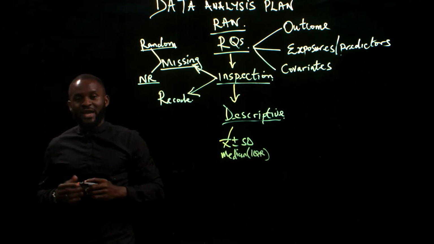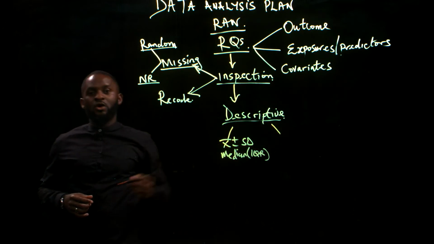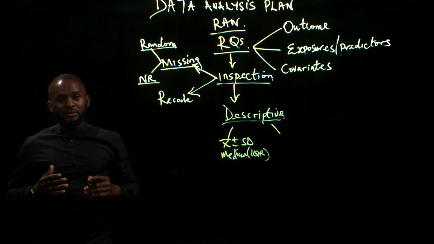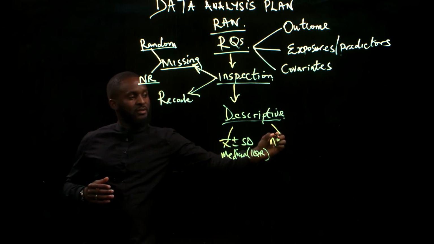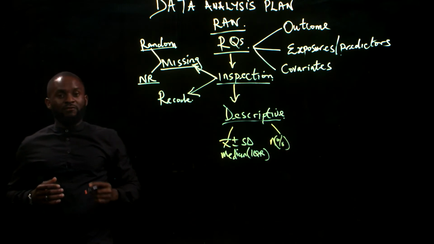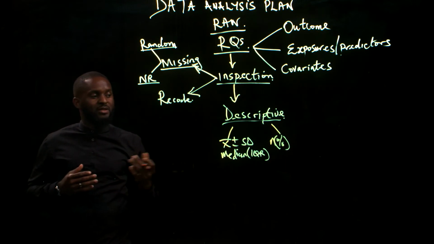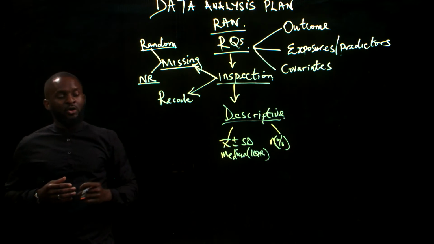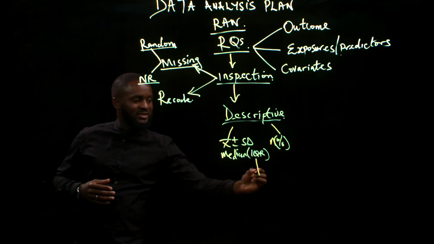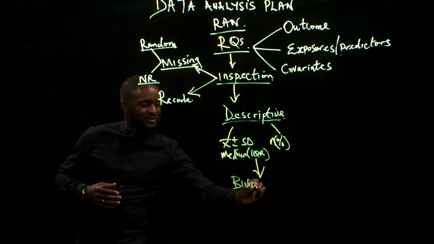There are different tests for that, and we'll cover that in the next class. But if your data is categorical, like gender, males or females, you represent it based on number and percentage. So there are 40 males in your data set, and the proportion of males in the data set is, say, 20%, for example.